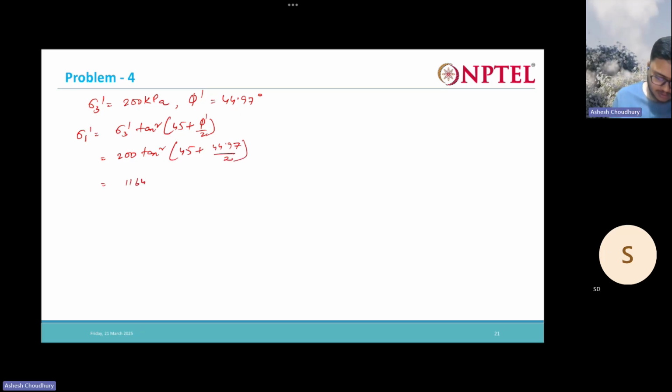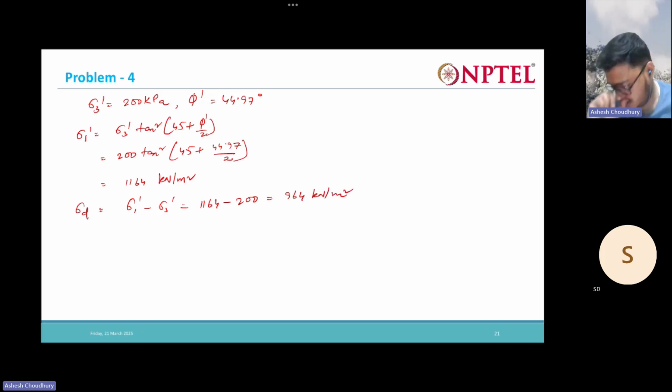So sigma 1 is 1164 kilonewton per square meter, so the deviator stress is 964 kilonewton per square meter. So this is my final answer.